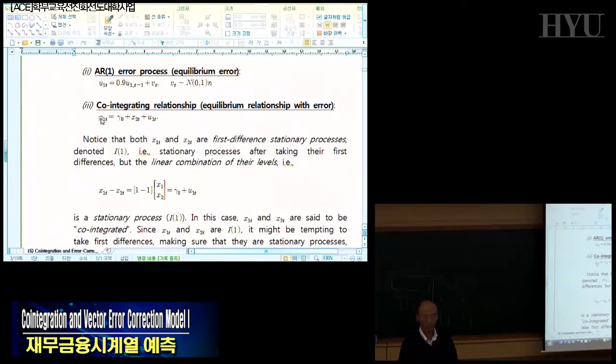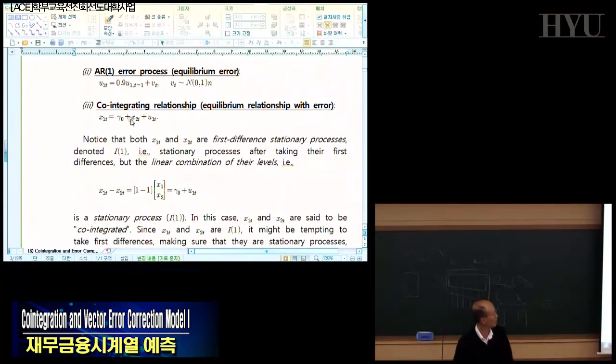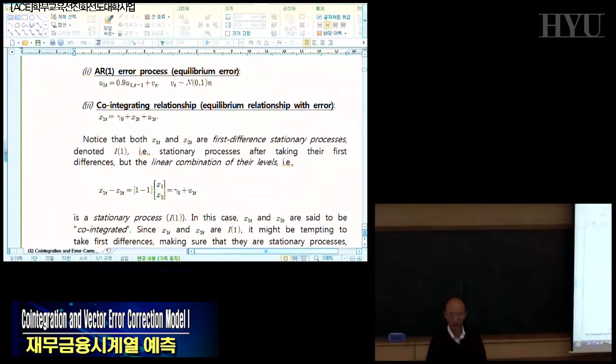You could find some coefficient, let's say 1, or 1.2, or 0.9, some number, in terms of the original level. And then the fitted residual.